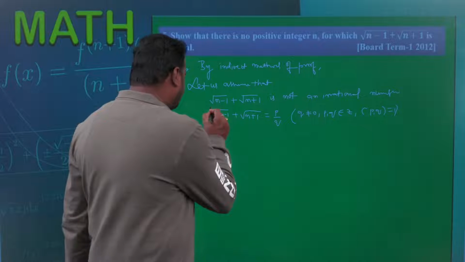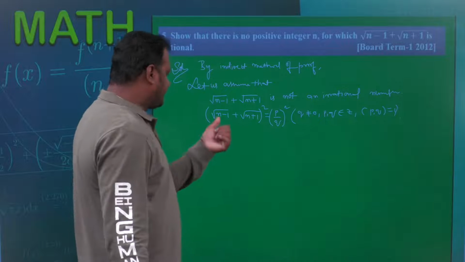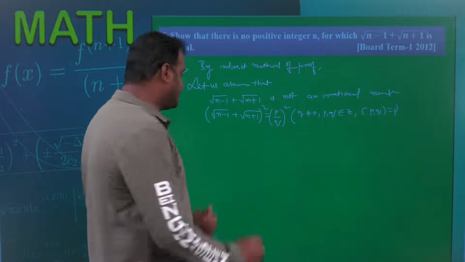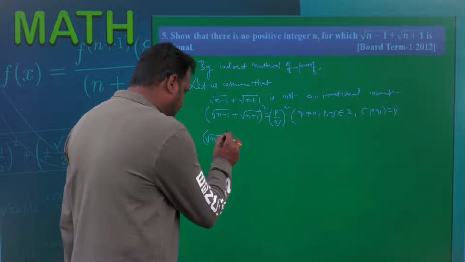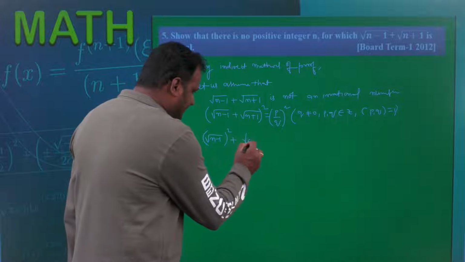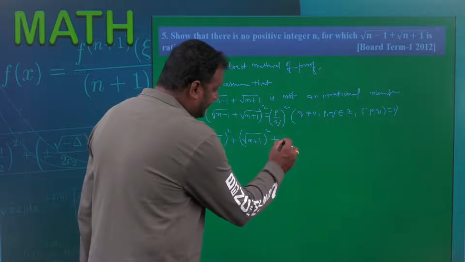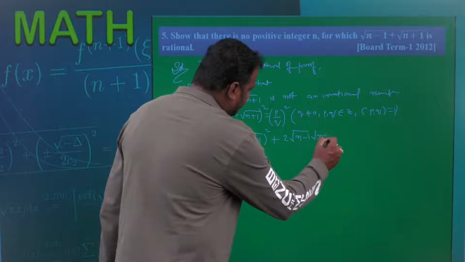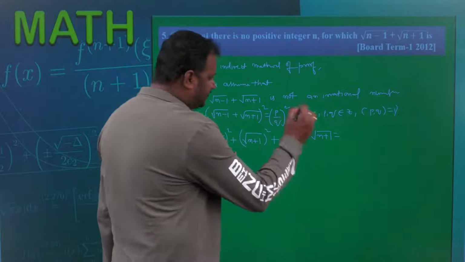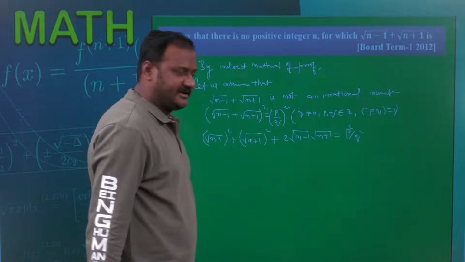So when I square it on both the sides, whole square and whole square, it is in the form of a plus b whole square. What is a plus b whole square? A square, it means root over n minus 1 whole square, plus b square, that is root over n plus 1 whole square, plus 2ab, 2 into root over n minus 1 into root over n plus 1 is equal to p by q whole square, which is p square divided by q square, right?